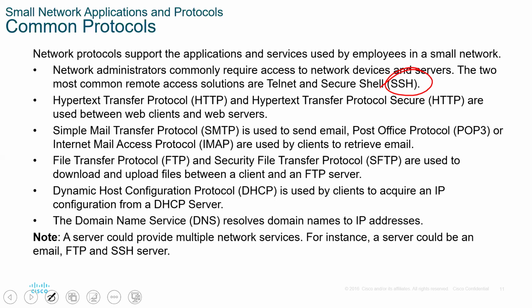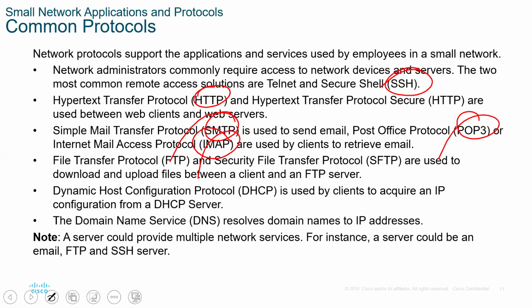Another one is the SMTP, which is for emails. Another one for emails is POP3, which is the Post Office Protocol, or IMAP, the Internet Message Access Protocol. They are all part of email services.